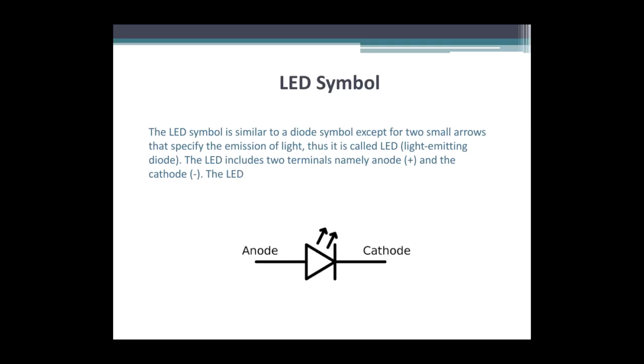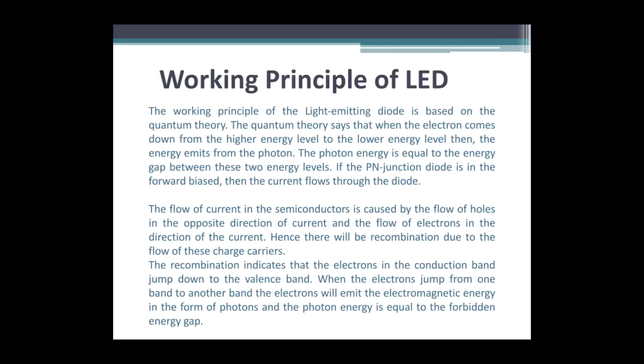The LED symbol is similar to the diode symbol except for small arrows that specify the emission of light. Thus, it is called a light emitting diode. The LED includes two terminals, namely the anode and the cathode. Below is the symbol of an LED.